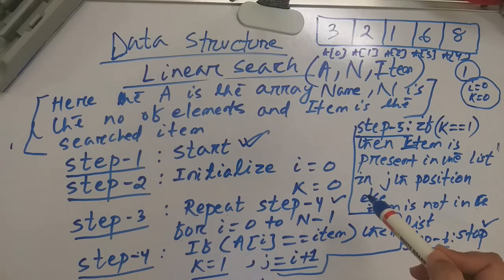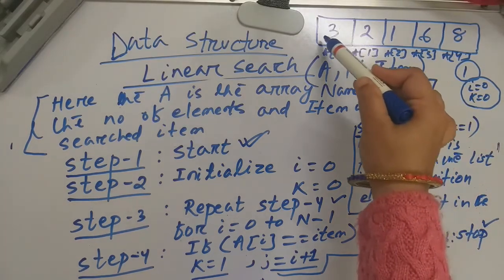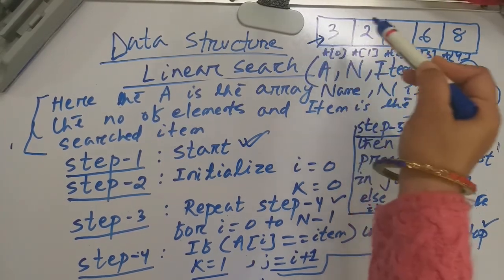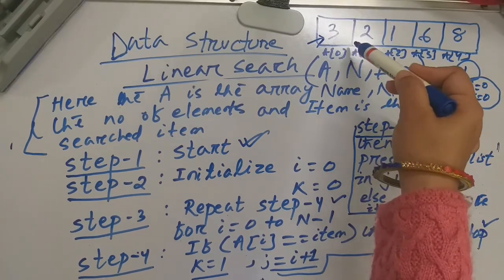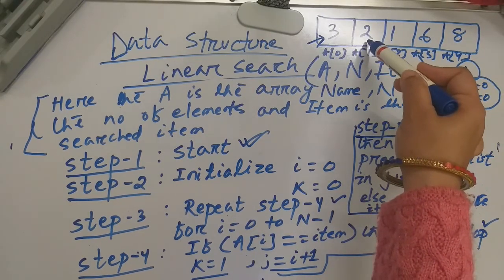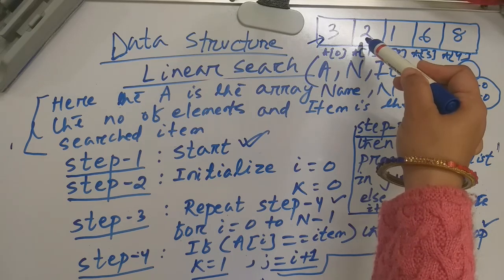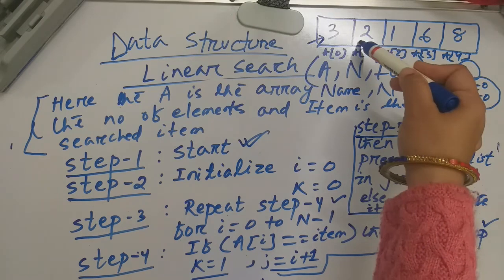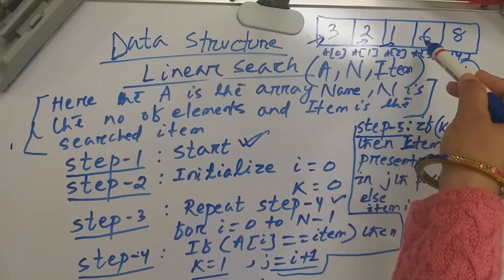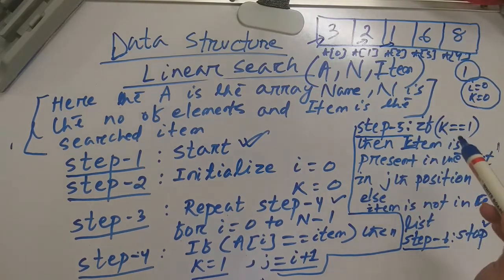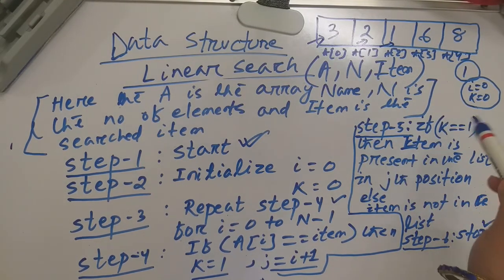Whenever we first start our algorithm, I equal to 0, then I equal to 1, I plus 1, then I equal to 2. Here we know that the I value is 2 and the search is successful.